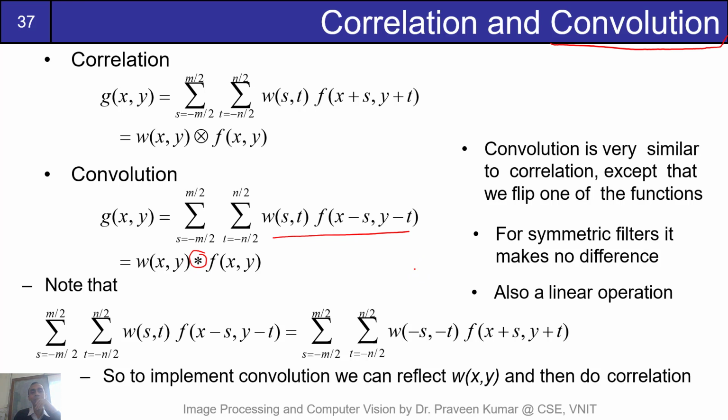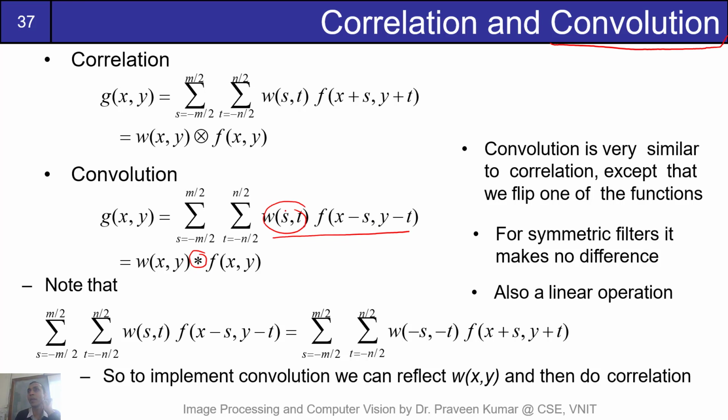Most of the time for us it won't matter because the filters that we normally tend to choose are almost symmetric. If the filter is symmetric, then even if you reflect it, it is going to have the same effect. And most of the useful filters that we use are almost symmetric filters. So it doesn't really matter whether we are doing a correlation or a convolution operation.